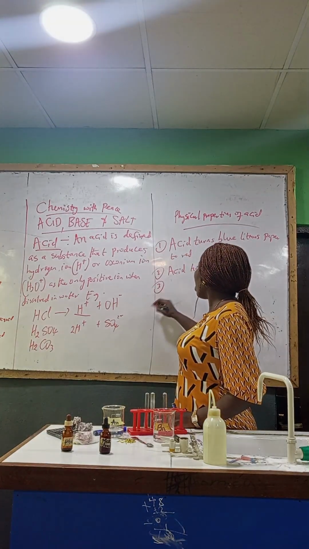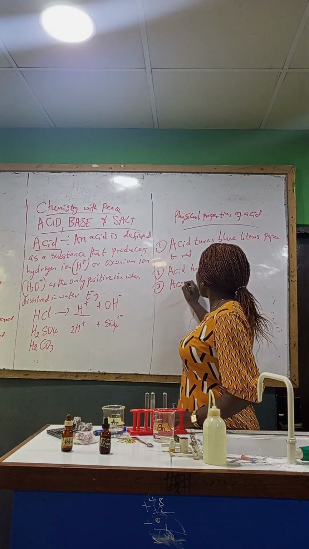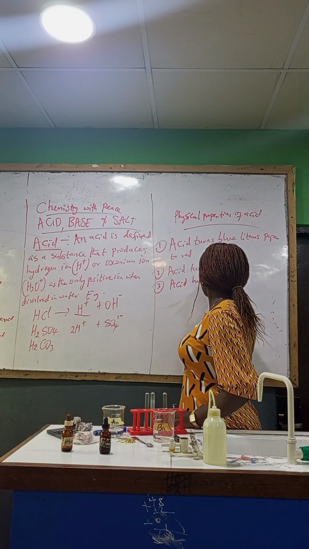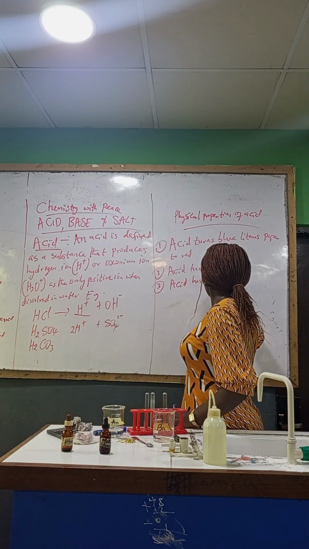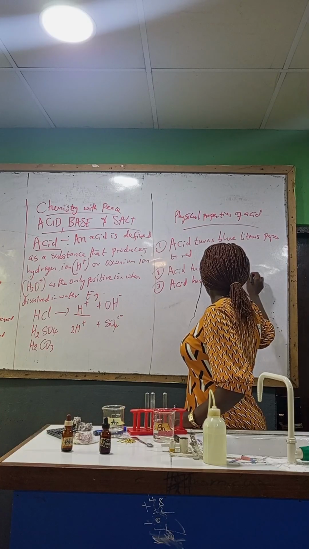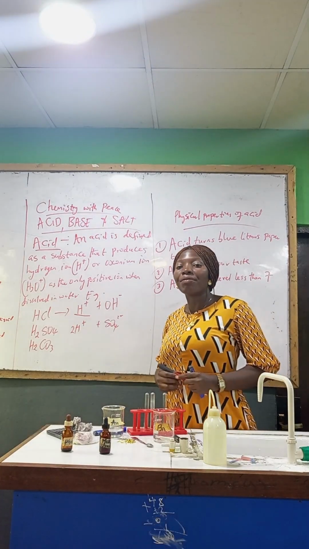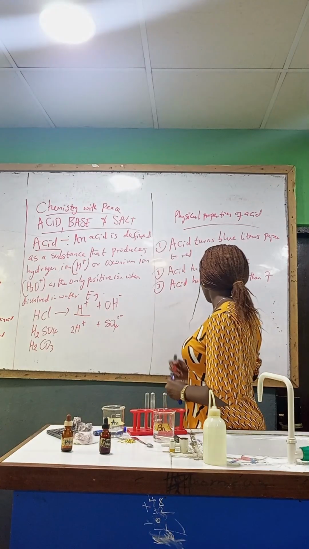Then another one: acid has pH level less than 7.